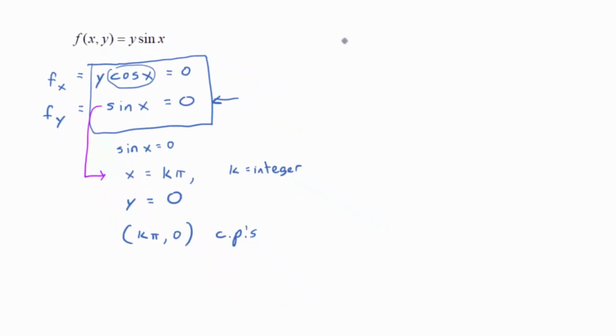The generic formula for D is f sub xx, the second derivative with respect to x both times, times f sub yy, minus the mixed partial squared, right? And then you normally evaluate D at each critical point.